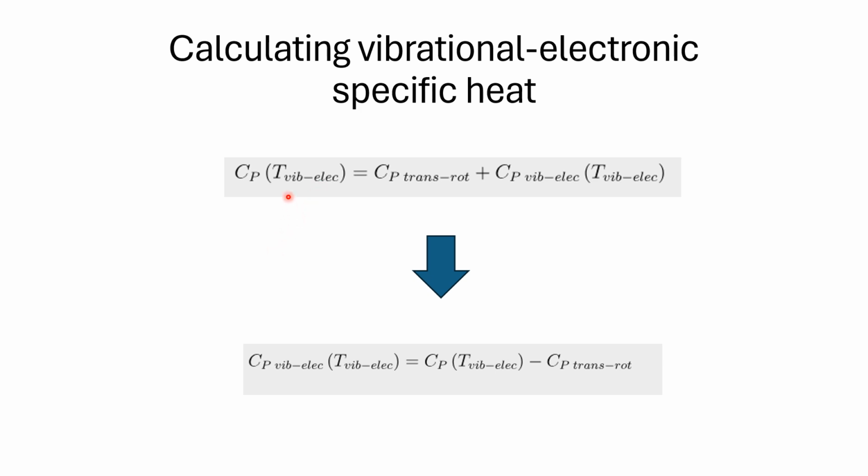So we substitute T vibrational electronic there, and we get the Cp from that polynomial equation. So what is the unknown? The last term, Cp vibrational electronic, the one which we want, and we get it just by subtracting this Cp translational rotational from the total specific heat.